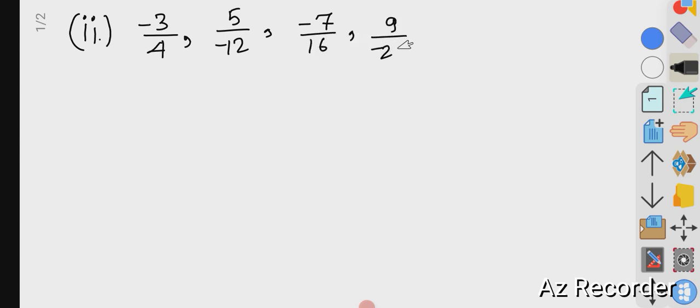In the second question also, you are given 4 rational numbers: minus 3 upon 4, 5 upon minus 12, minus 7 upon 16, 9 upon minus 24. These are the 4 rational numbers given.